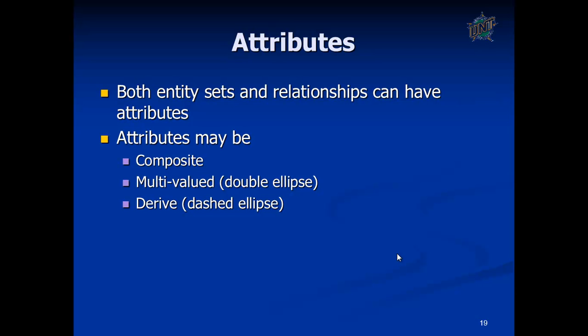Now what is a composite attribute? A composite attribute is a collection of more than one value. For example, name is a combination of first name and last name, so it is a composite attribute. A multi-valued attribute is represented in a double ellipse, and it means an attribute which can have more than one value. For example, any person can have more than one contact number.